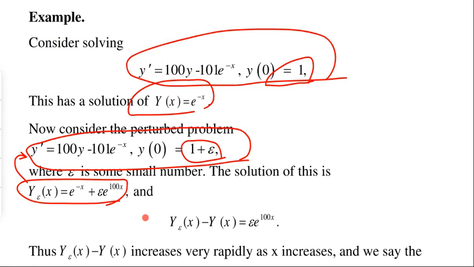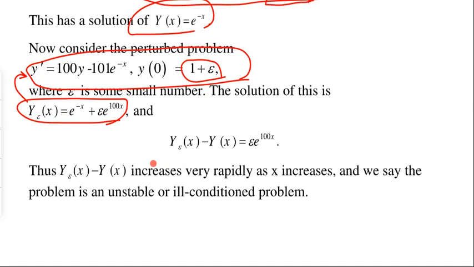Now, if we obtain the difference between y epsilon and y, you can see this difference will be epsilon times e to the 100x. Now, if you increase the value of x to infinity, this difference in this exponential form will go to infinity.